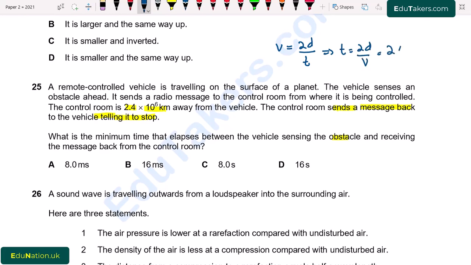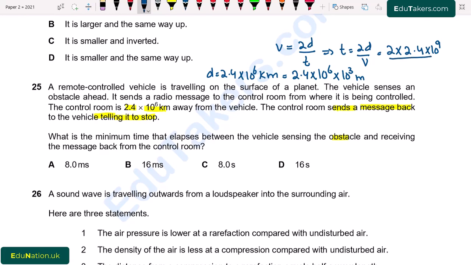Distance is given, which is 2.4 × 10^6 kilometers, and we have to convert this distance into meters. So I write 2.4 × 10^6 multiplied by 10^3 meters. So I write here 2.4 × 10^9, because 6 plus 3 is equal to 9, divided by v.